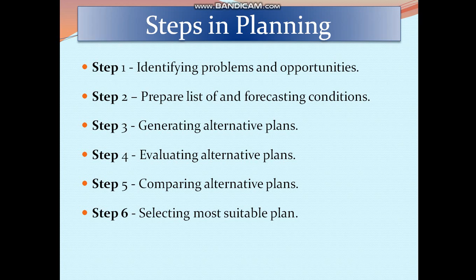It is something like you want to purchase a dress for some function. So if we go through these steps, the step 1 may be identifying the problem. That means which is the dress you should wear, what is the occasion, when, and which is the kind of dress that is suitable for this occasion. Then the list of conditions, you have to maybe consider the climate also, because the dress you are going to wear will have an effect on your overall comfort level.